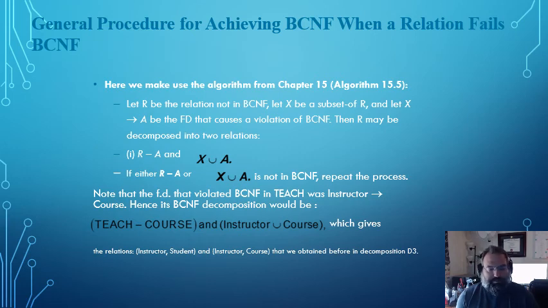Note that the functional dependency that violates BCNF in TEACH was instructor implies course, hence its BCNF decomposition would be TEACH minus course and instructor union course, which gives the relations instructor-student and instructor-course that we obtained before in decomposition D3.